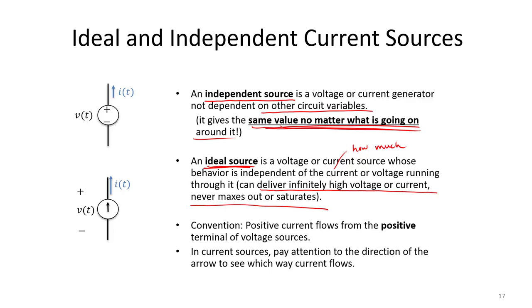You may have seen this in real life if you try to connect something to a very small battery. Eventually, a very small battery will not be able to deliver enough voltage and current to support a giant load. Eventually, the amount of energy it can provide hits a maximum. But in an ideal source, it could deliver infinitely high voltage or current based on the situation.